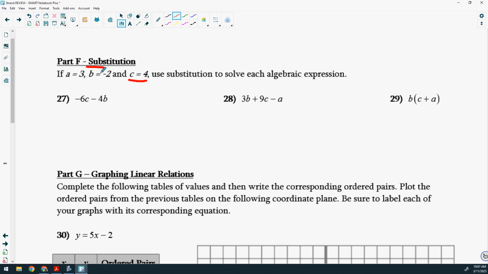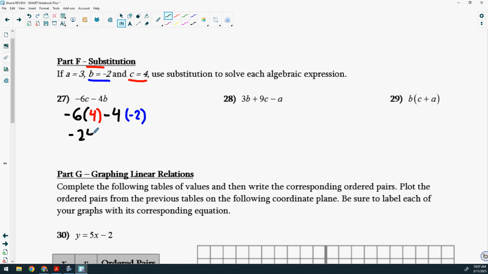So I'm going to write this out. I'm going to take my time. Negative 6 bracket, my value of c is 4, minus 4, and then my value of b is negative 2. Now I just simplify. Negative 6 times 4 is negative 24.